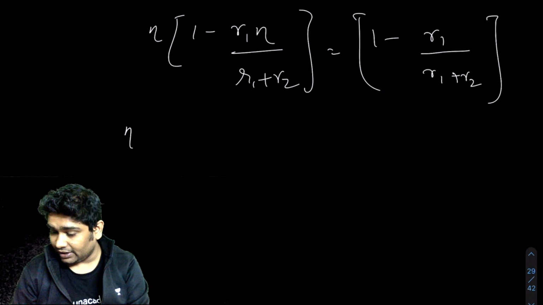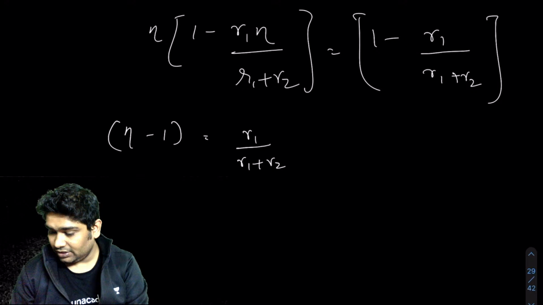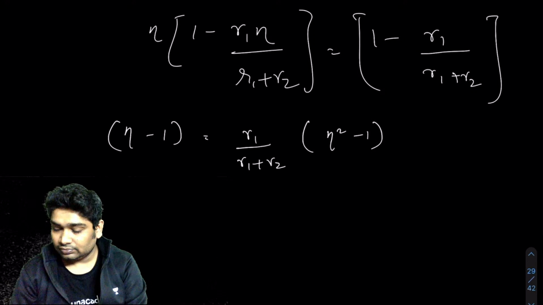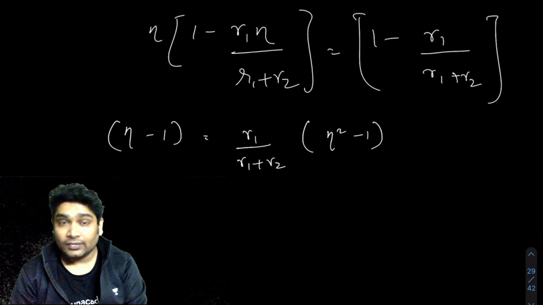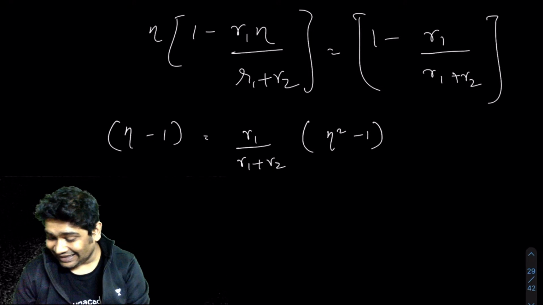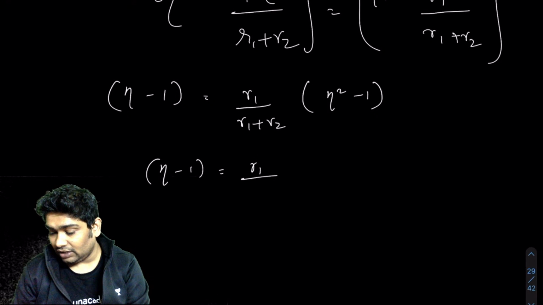Eta minus 1 equal to R1 over R1 plus R2, and here again I have eta squared minus 1. Correct. Now I can again write this as eta minus 1 equals R1 over R1 plus R2.